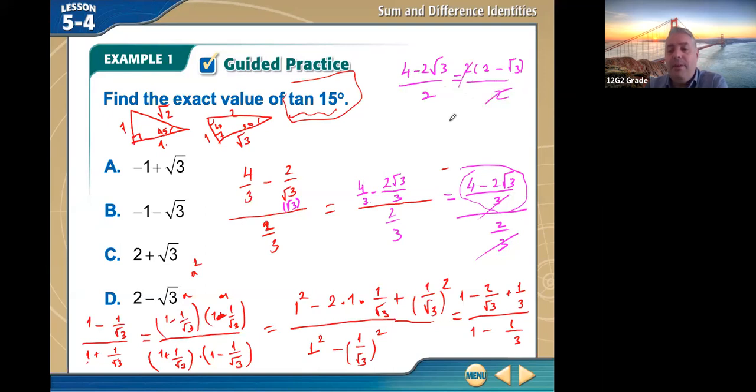Now, when I simplify, the final result comes out as 2 − √3. This must be right now. Yes, it is here. Okay? Check it quickly, starting from this, and then this, and then this. Do you have a question or not?